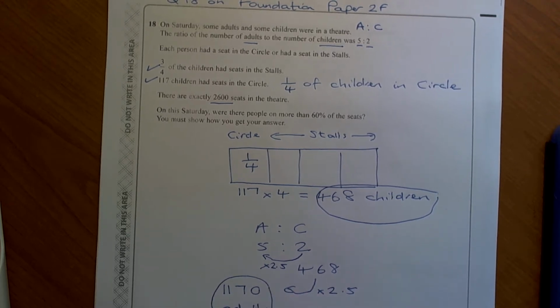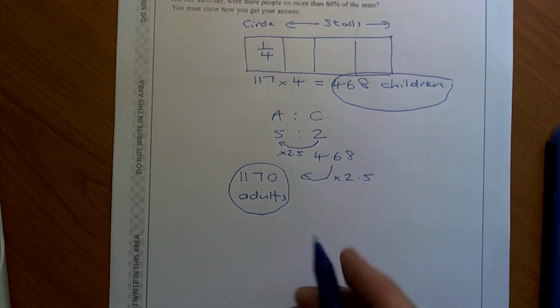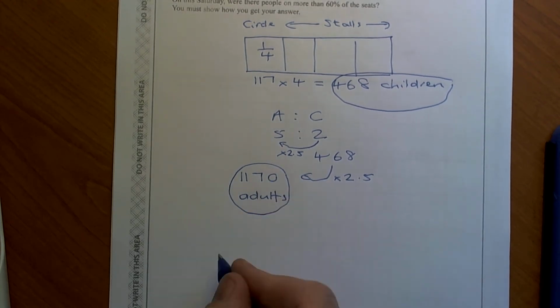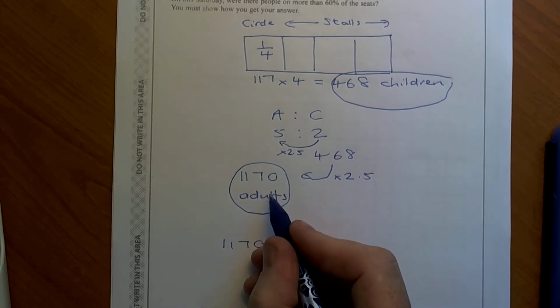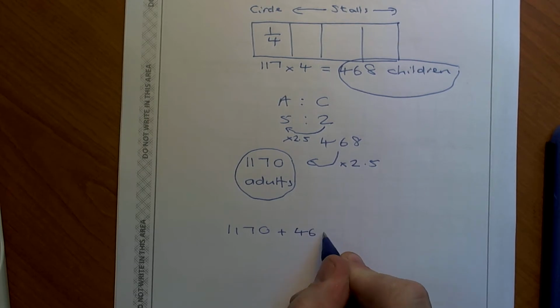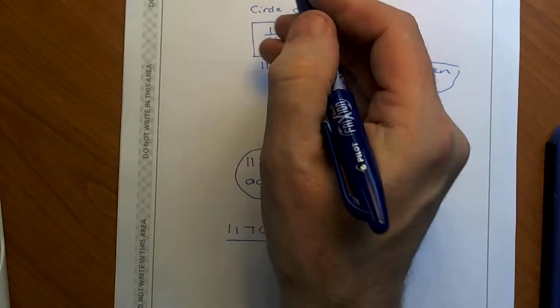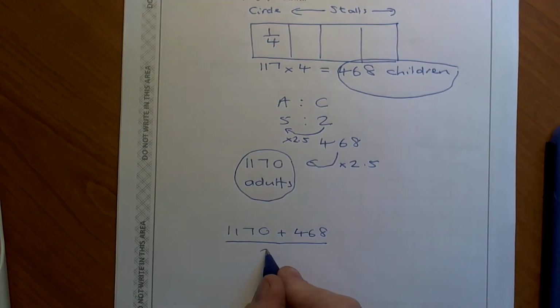So that's our number of adults, and we've got 468 children. Now we can find out what percentage of the theatre was filled. The total number that were there was 1,170 adults plus 468 children. Divide that by the number of seats in the theatre, which was 2,600.